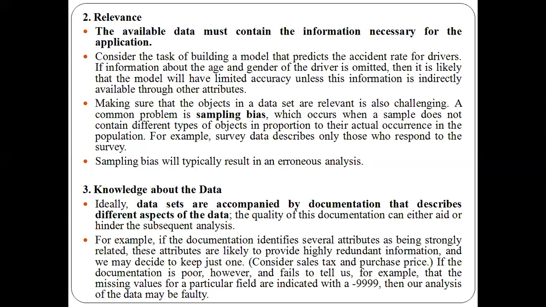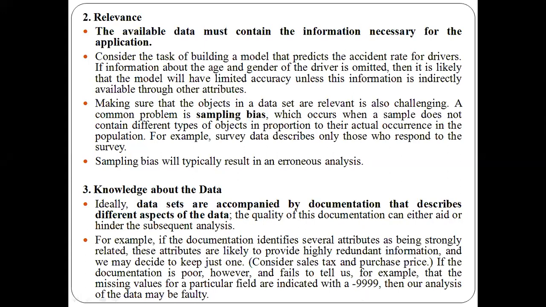For example, if you are unable to know about the missing values which are indicated in the data as -9999. This -9999 indicates a missing value or null value.